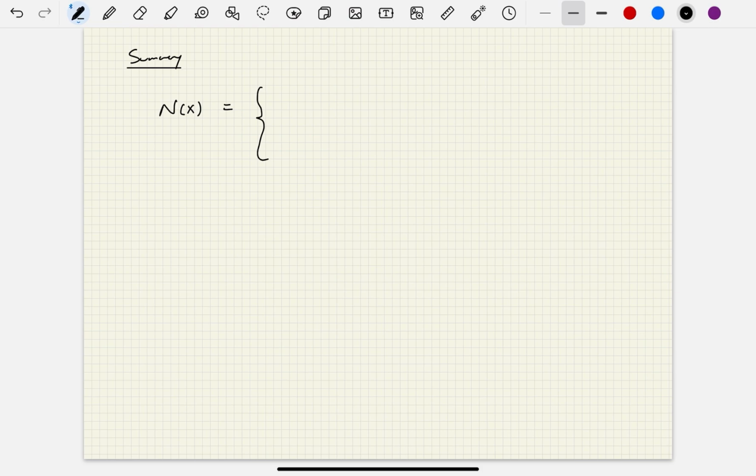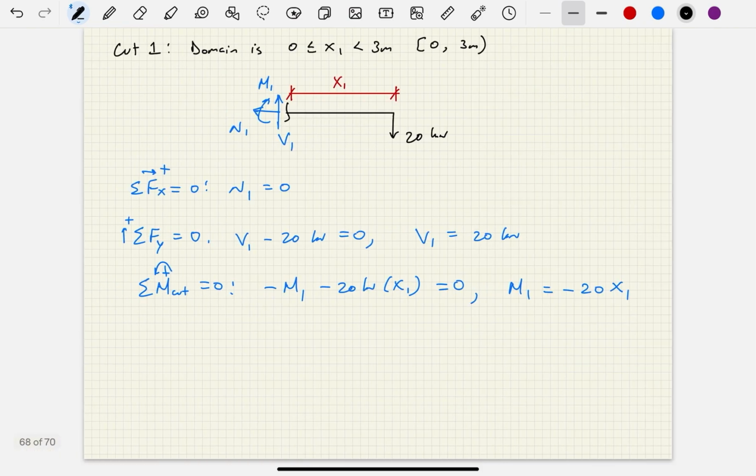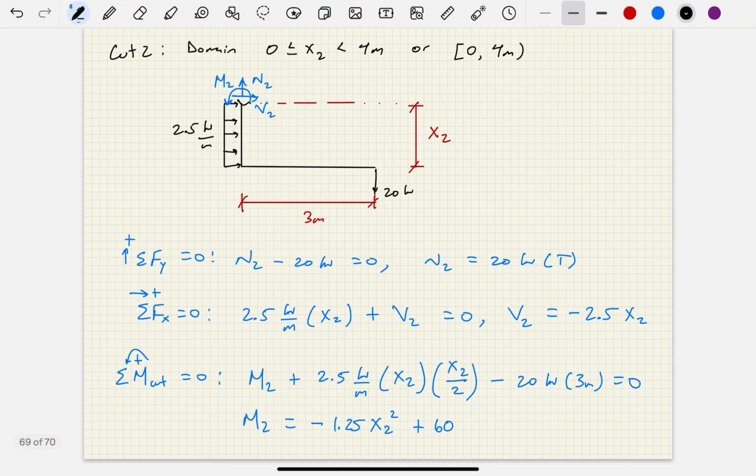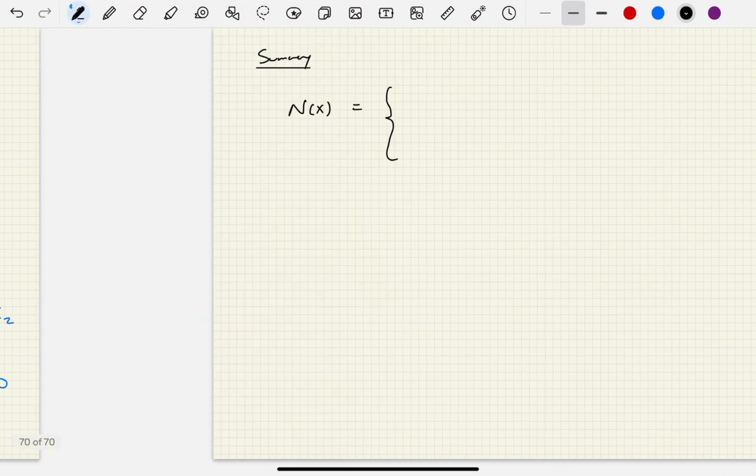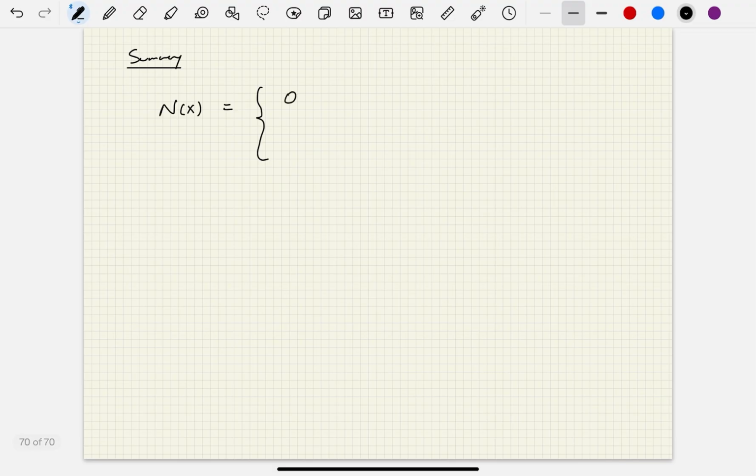So on that first domain, N1 is 0, and then on the second domain, N2 is 20 kilonewtons. So we can say 0 and 20, and then we can say this is from 0 to x1 up to 3 meters, and then this is 0 to x2 up to 4 meters, okay? And this collectively is going to have units of kilonewtons.